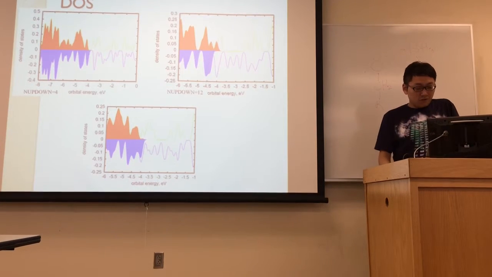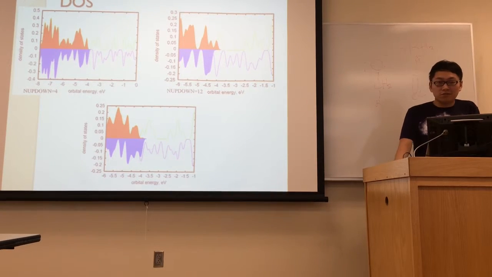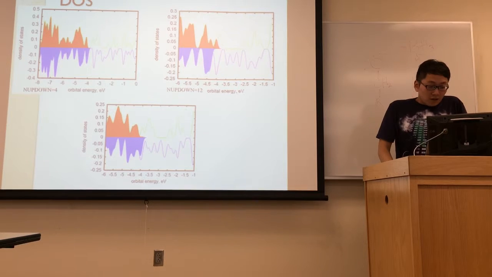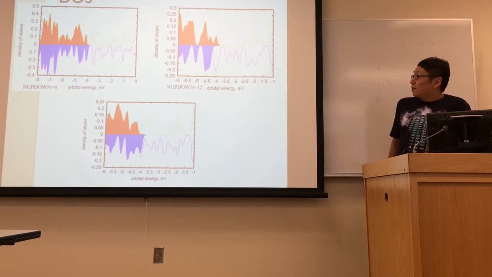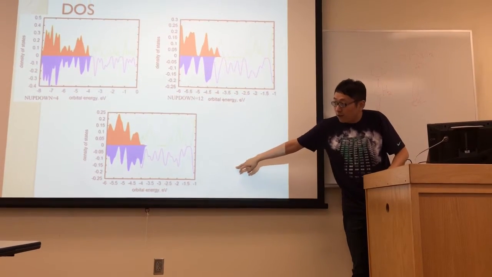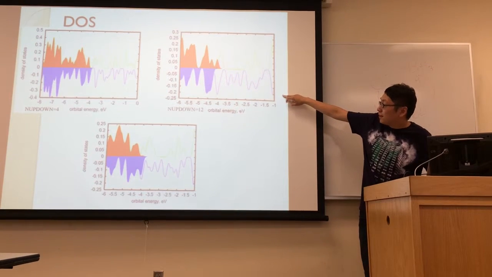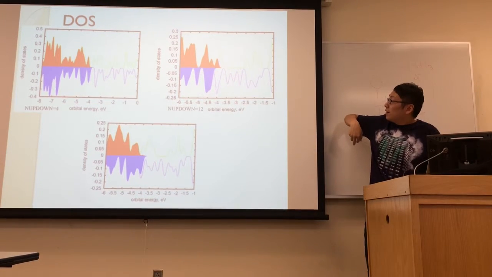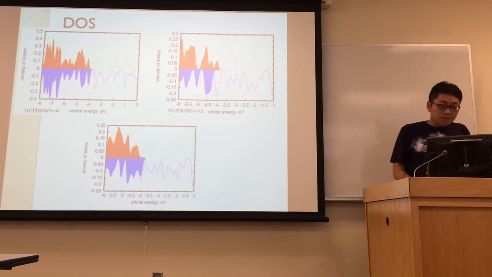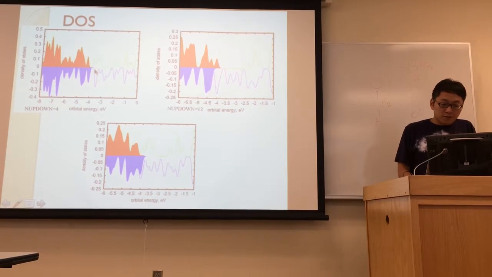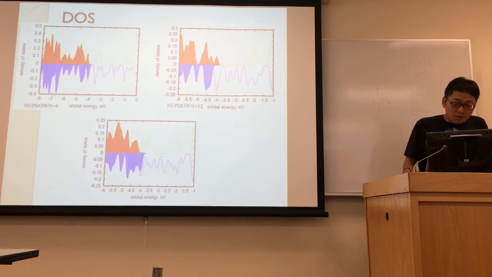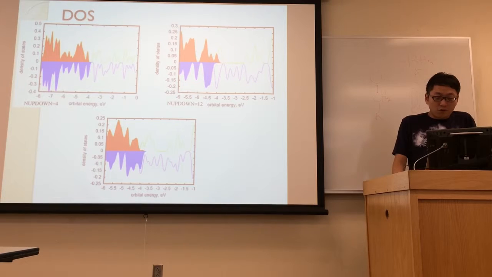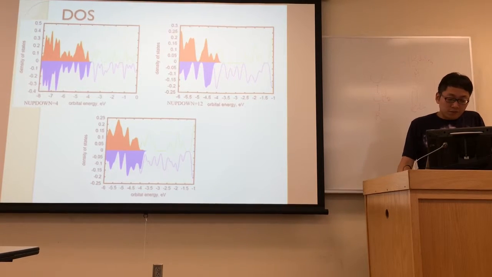Next, I looked into the density of states, and it has the same tendency as Andrew showed us. This is the average one, this is the high spin case, and in the low spin case here, the orbital energy of spinning down is more than the orbital energy of spinning up, the alpha spin.